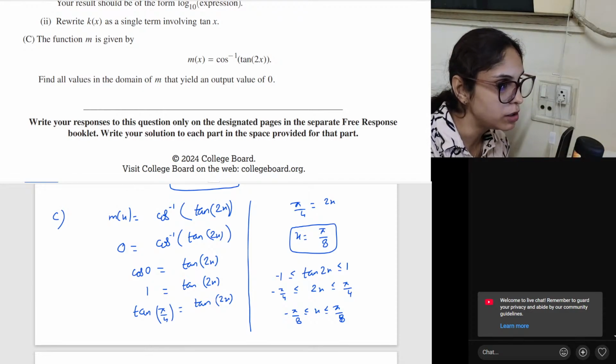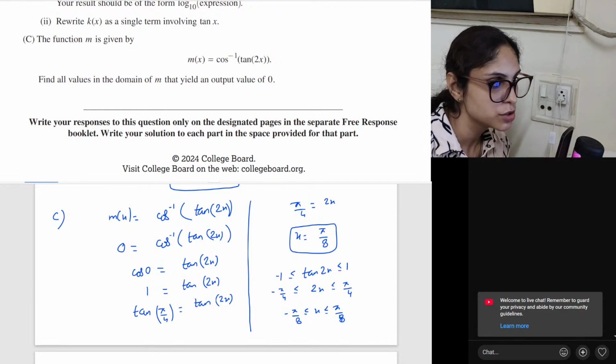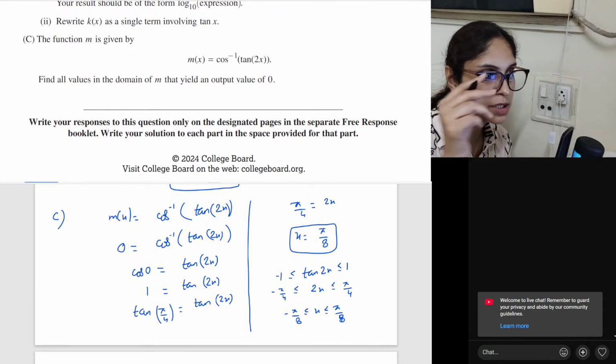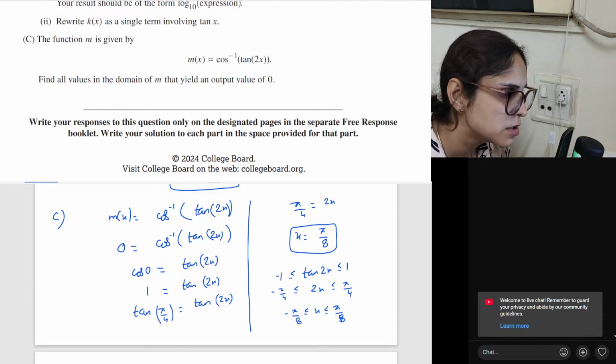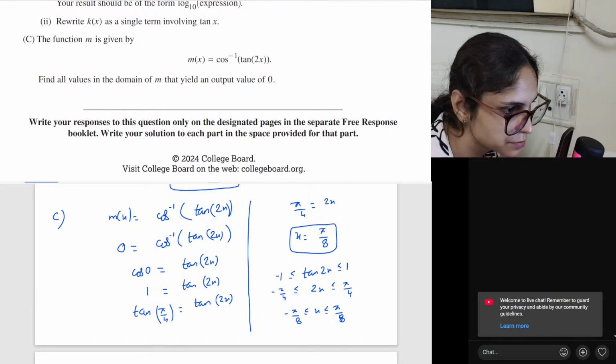So you have to find all the values in the domain of m. You can keep adding multiples of the period of tan 2x. So we'll find the period of tan 2x.